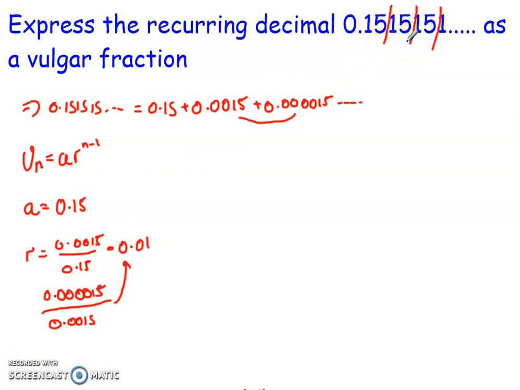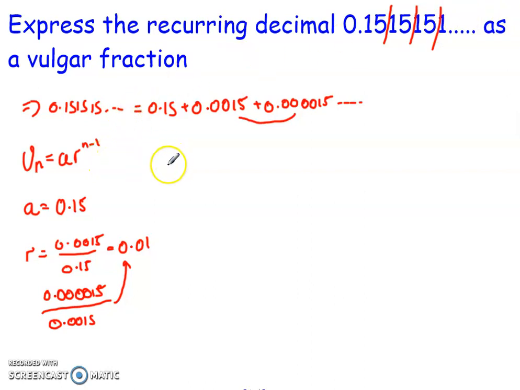If I then square the 0.01 and multiply it by that, I'd get the exact same thing, but in this case I'd get an extra 2 zeros, so I'd get 0.000015. So it's a recurring pattern, so I'm able to think of it as a geometric series. This is going to continue on and on in terms of 15s, 15s, 15s the whole way.